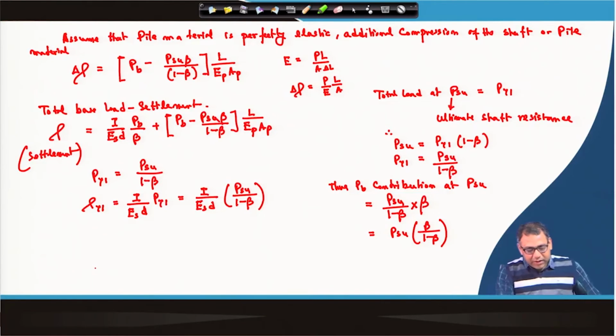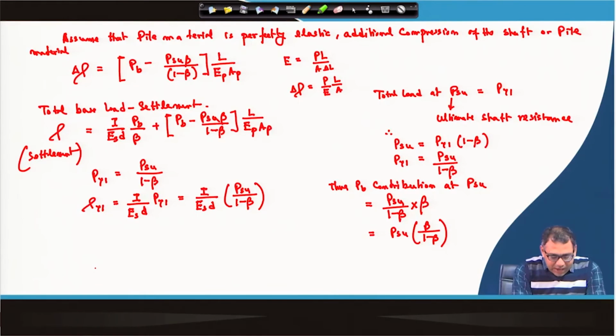If I know Py1, I can get the rho y1, because I have discussed how I can get the I value. So, remember that for the shaft resistance, the settlement is due to the soil, and for the tip resistance, the settlement is the summation of the soil contribution plus the pile material contribution.